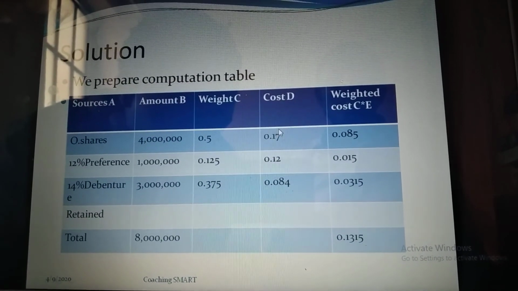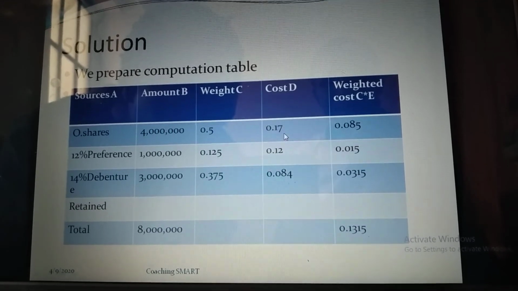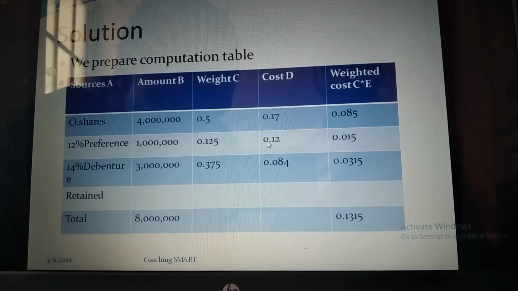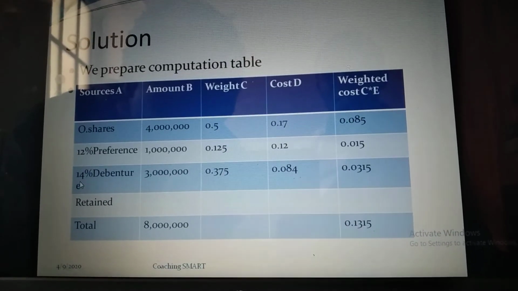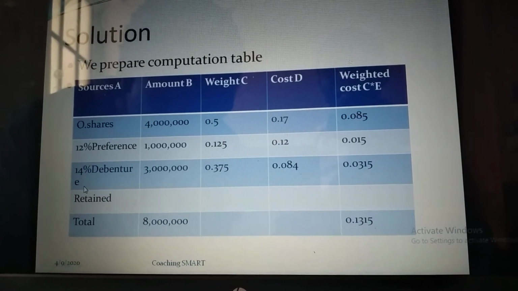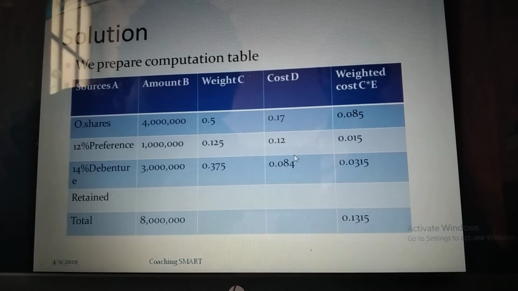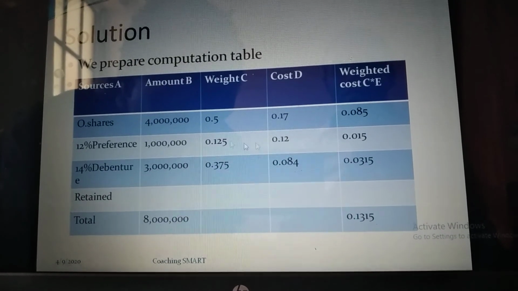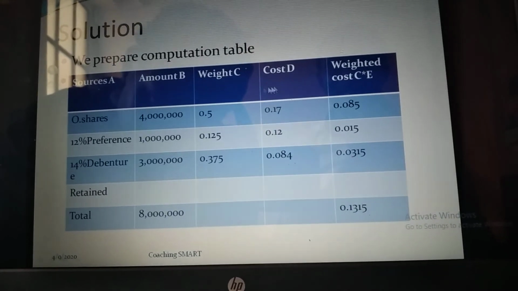Cost of specific capital. For ordinary shares, when we did the calculation, we got 0.17. For preference shares, it's 12%, so we are writing 0.12. For debentures, it is 0.084, the one we have done the calculation for. Now, weighted cost will be the product of the weight and cost.